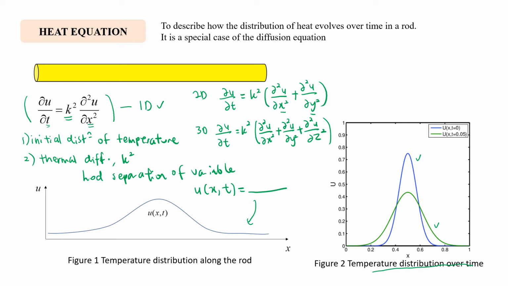So when x equals 0.2, the temperature distribution is here. At x equals 0.4, it is like this, and when x equals 0.8, it is like this.